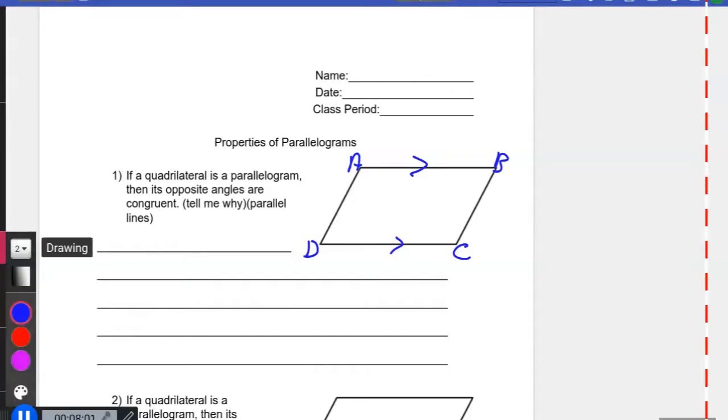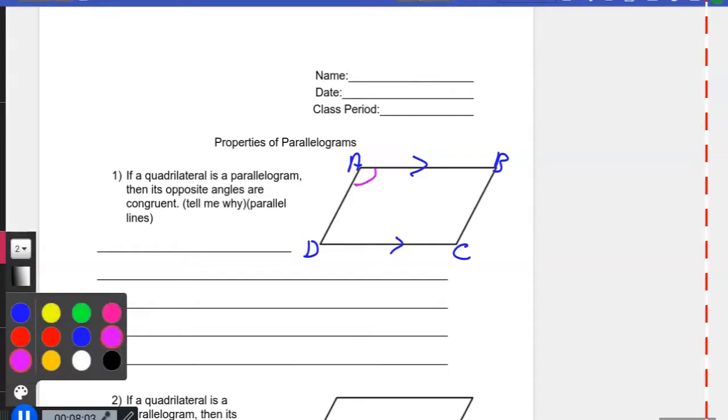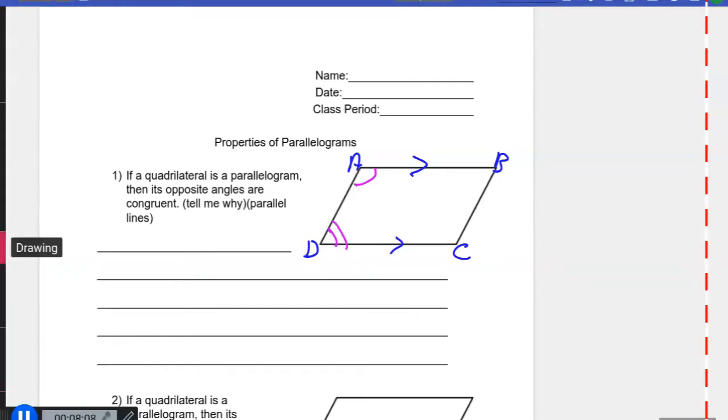So if I know those two are parallel, then I know that these two angles are supplementary because they are same side interior angles.